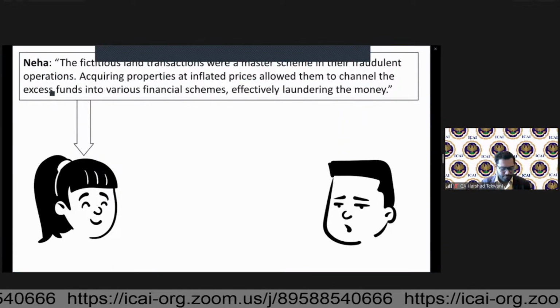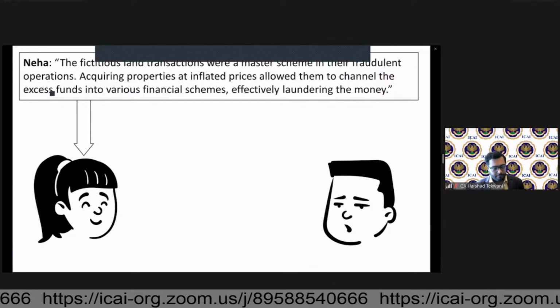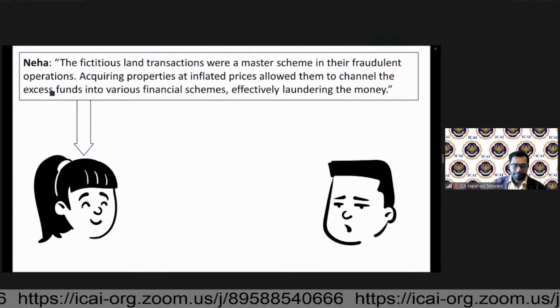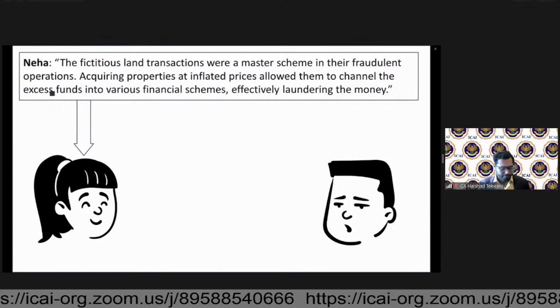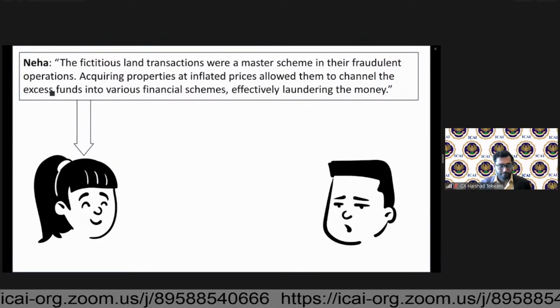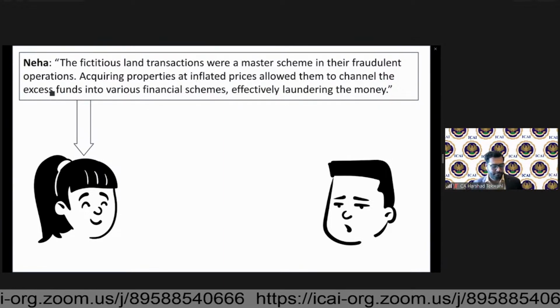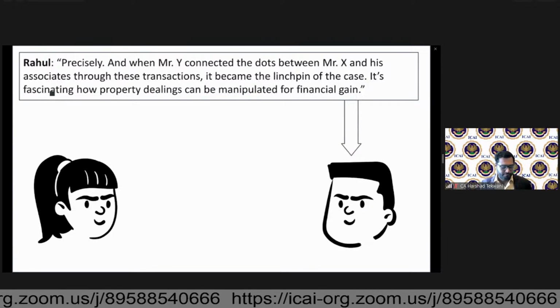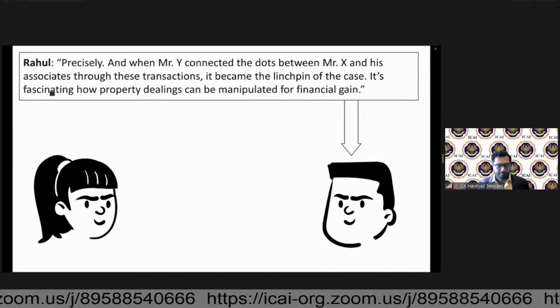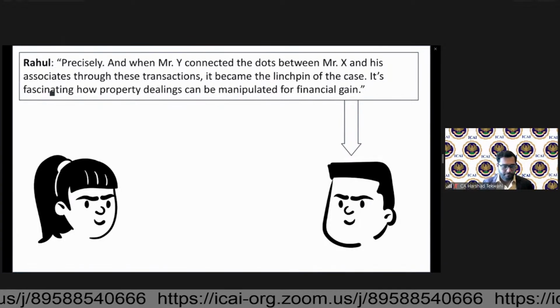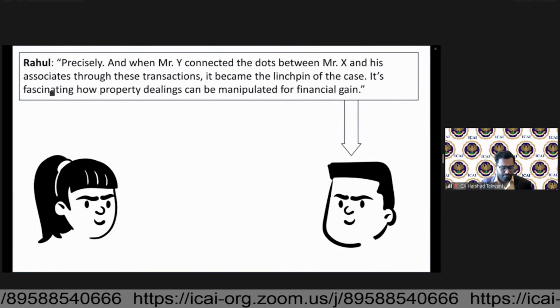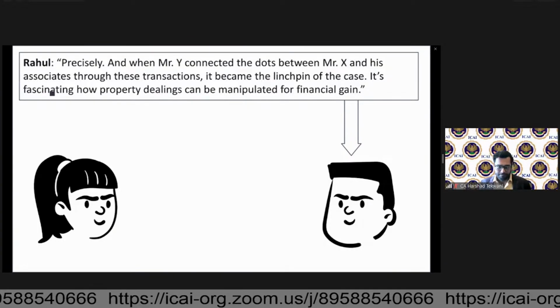The fictitious land transactions were a master scheme in their fraudulent operations. Acquiring properties at inflated prices allowed them to channel the excess funds into various financial schemes, effectively laundering the money. Precisely. And when Mr. Y connected the dots between Mr. X and his associates through these transactions, it became the linchpin of the case. It's fascinating how property dealings can be manipulated for financial gain.